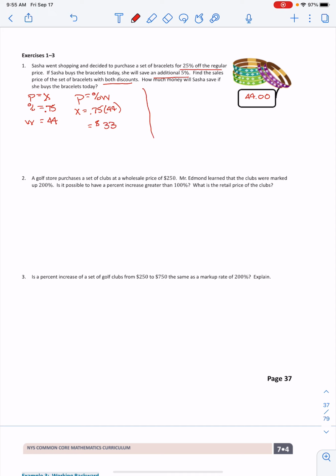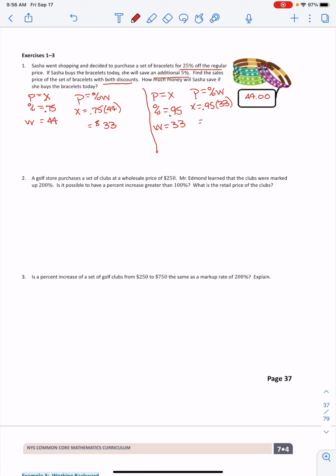Because we want the additional 5%, we have P, percent, and W. Our whole now is 33. Our percent is now 0.95 because we're getting that additional 5%. And our P is X. So we have X equals 0.95 times 33.